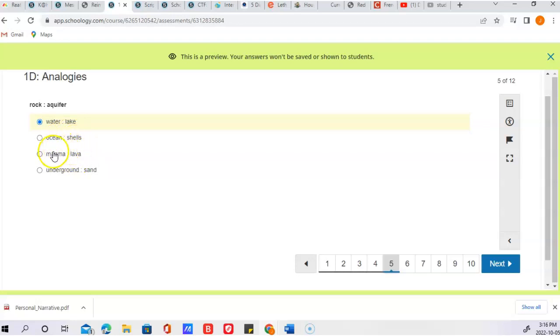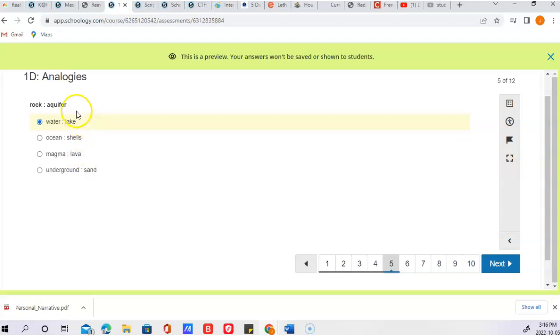Lava can be made from magma. Well, it could be that one. And sand can be made from the underground. Well, that doesn't really make sense either, does it? So it could be either A or C, so I wouldn't blame you if you got this one confused between the two of them. But the answer is actually A.